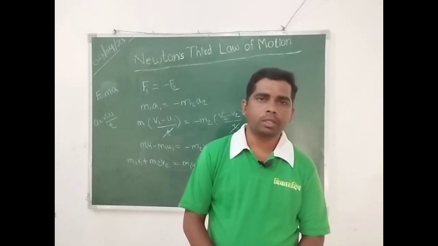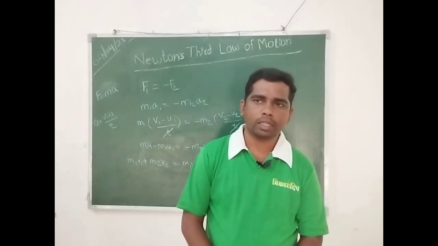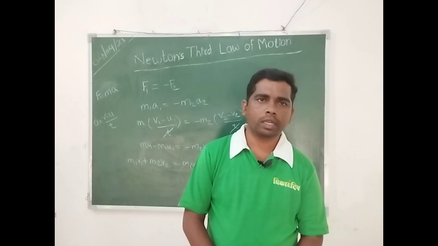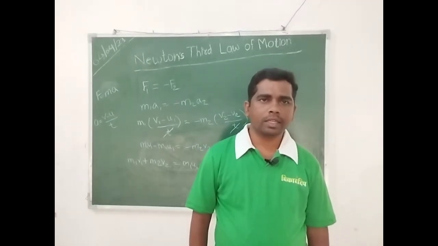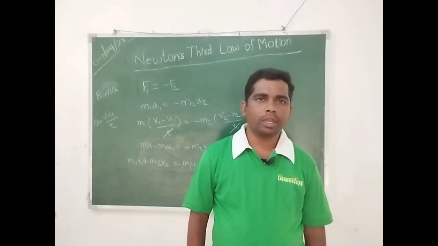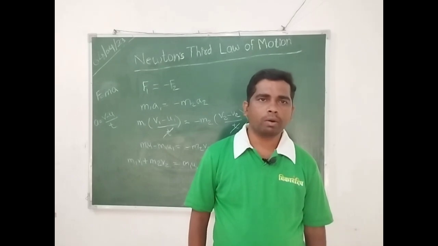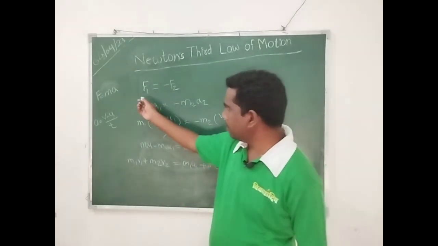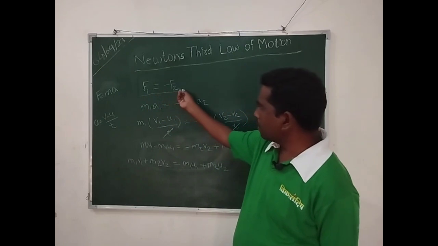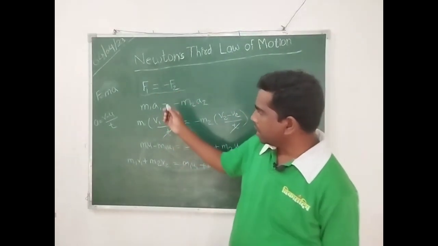So how is it possible that in one statement the body is stationary, and in the second case the body is moving although the forces are equal in magnitude and opposite in direction?